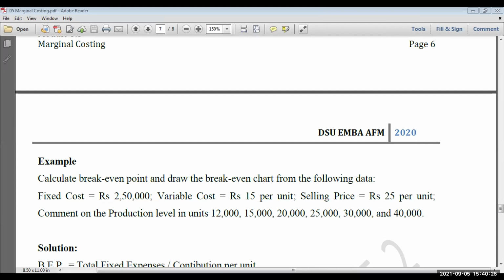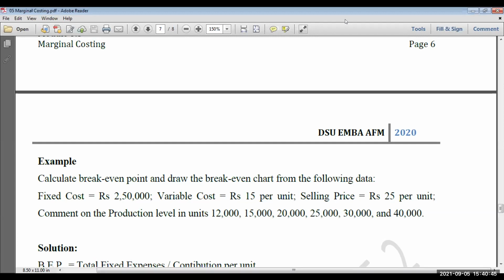Yeah, that's it. 3 lakhs. 3 lakhs is the value of sales. Any doubt in break-even point?